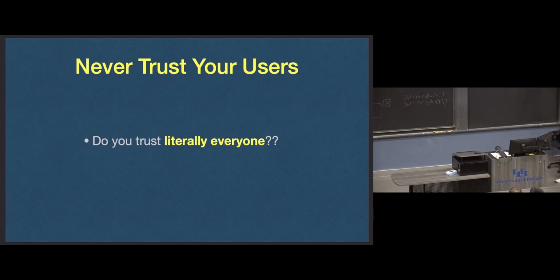Billions of people? Because even if you want to be really naive and say, well, everyone I've ever met in my entire life has been trustworthy, there are people you've never met, billions of them. Do you trust every single one of them also? And goodness gracious, I hope the answer's no. I don't trust literally every human being ever.